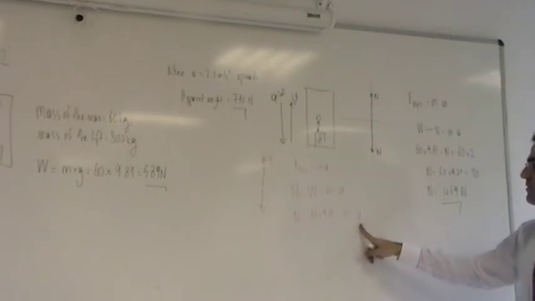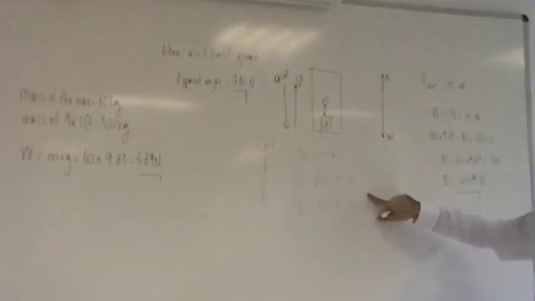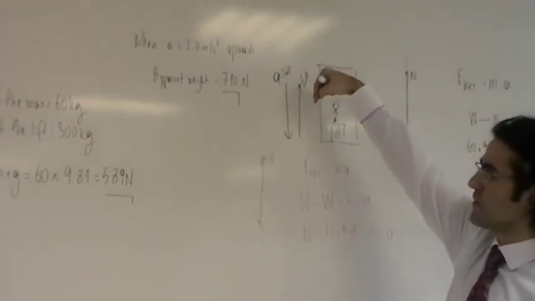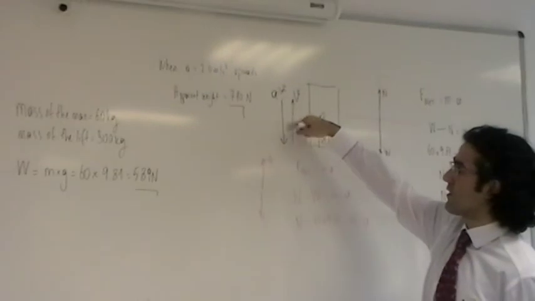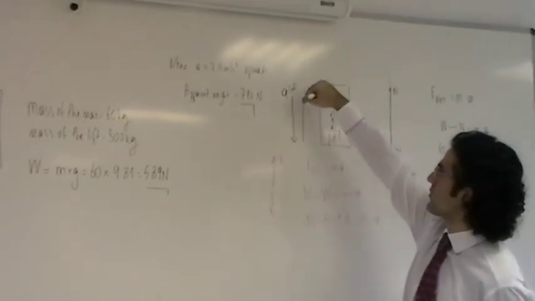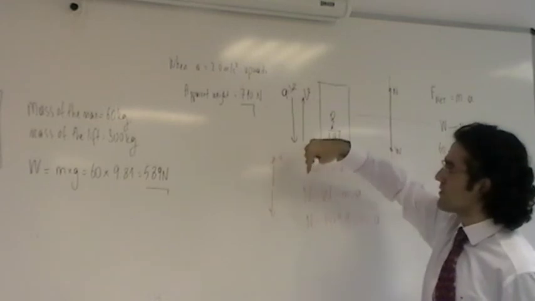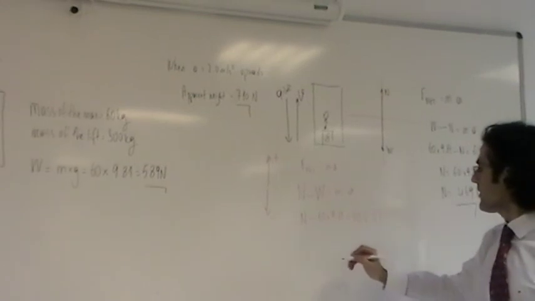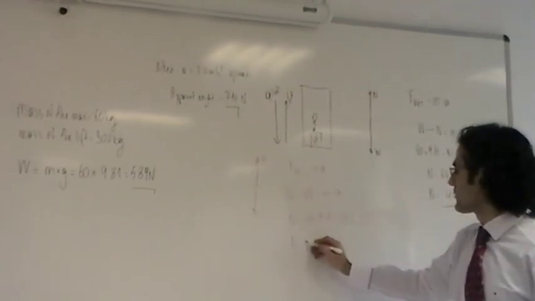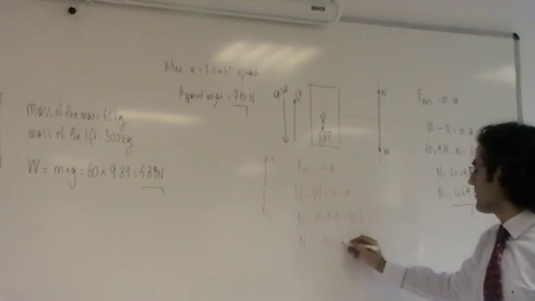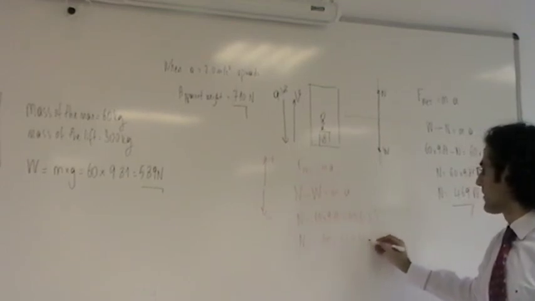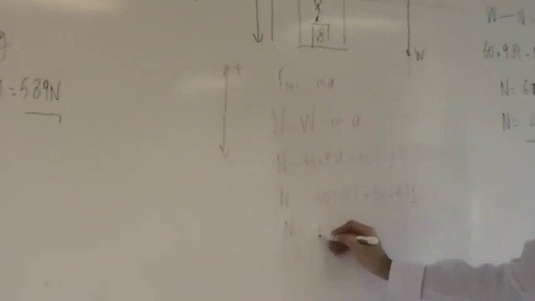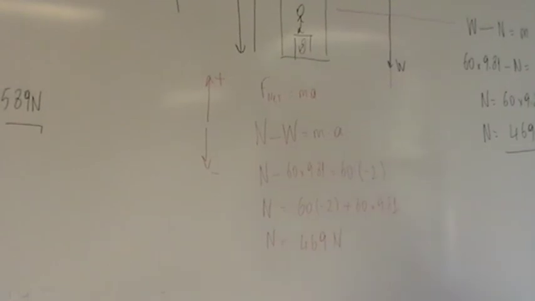So the acceleration is either plus or minus. Let's look at the direction, is it up or down? In this case it is slowing down with 2 meters per second square, it's going upwards but slowing down, therefore the acceleration has a downwards direction and a negative value, which is minus 2. Here you can get the normal force as 60 multiplied by minus 2 plus 60 times 9.81, and you are going to get the same value, which is 469 newtons.